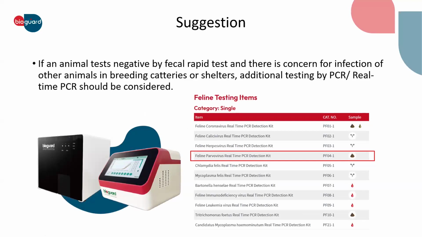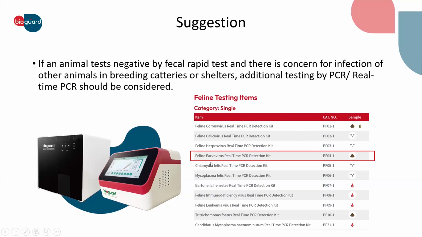And for real-time PCR, like at Bioguard, we offer the in-house real-time PCR. This can detect lots of different pathogens in cats and dogs.